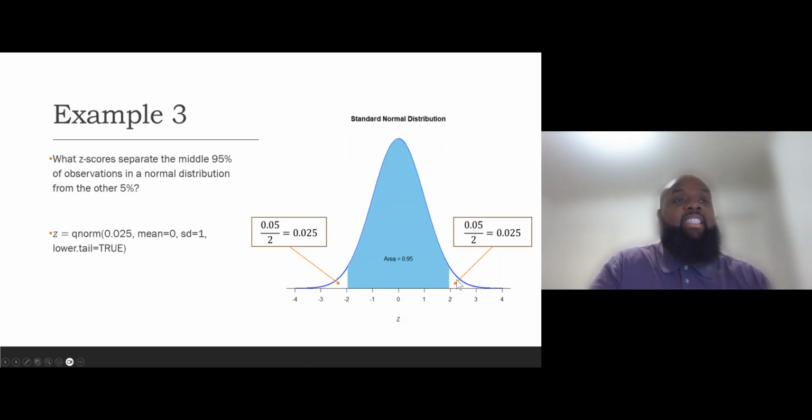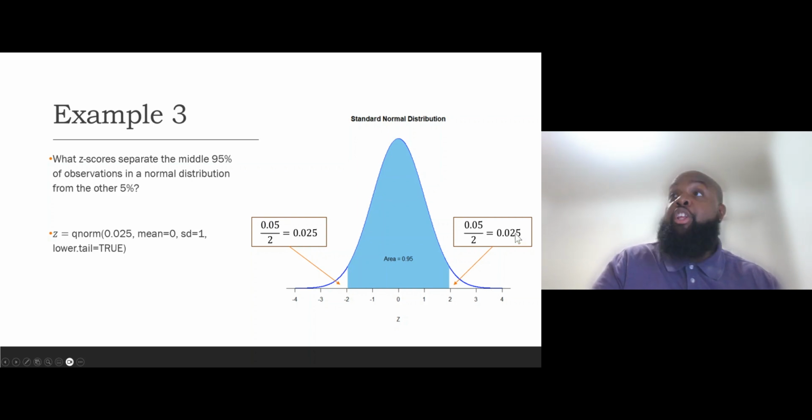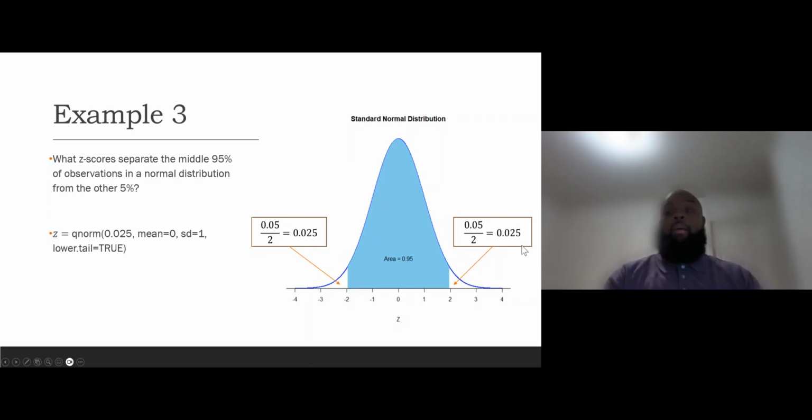And to get this z-score, I know that the area from that value covering all those values that are greater is 0.025. So I'm going to use my Q norm function. Now I'm going to use 0.025 again, but I'm going to use lower.tail equals FALSE.